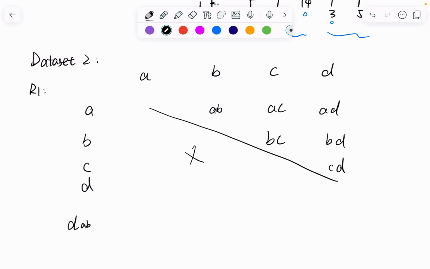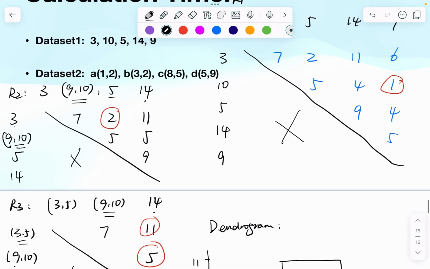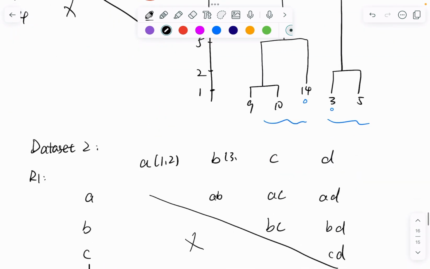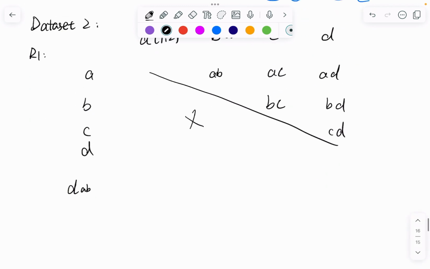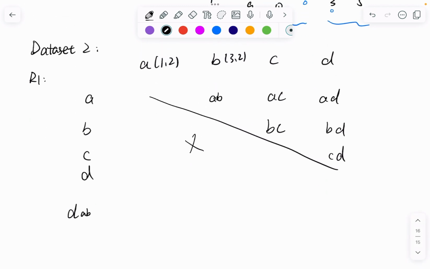Okay, so now let's take an example how to calculate the distance between AB. So we can see A is 1, 2, and B is 3, 2. Okay, so now we use B's first dimension to subtract the A's first dimension to the square, and the second dimension to the square, and then do the square root.